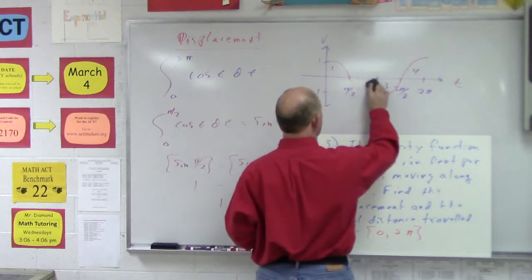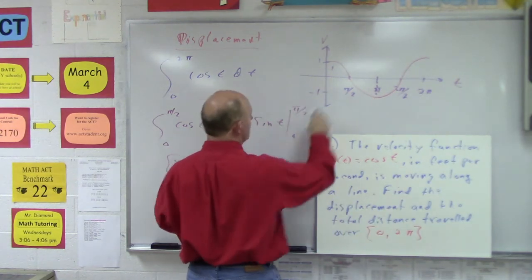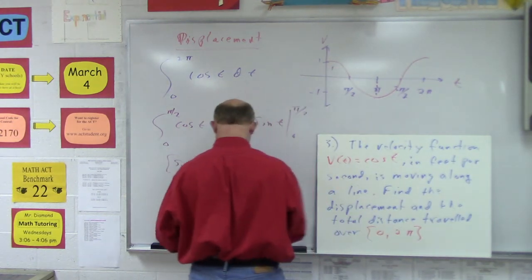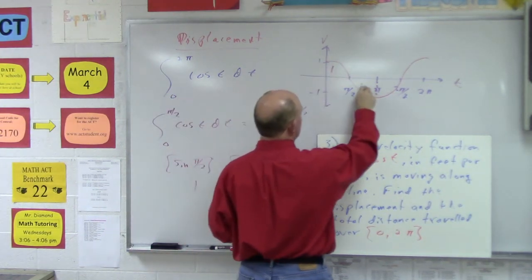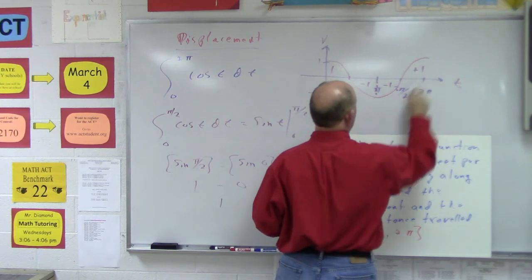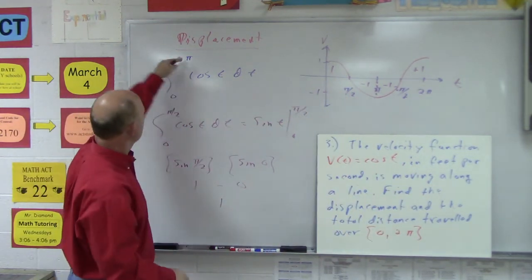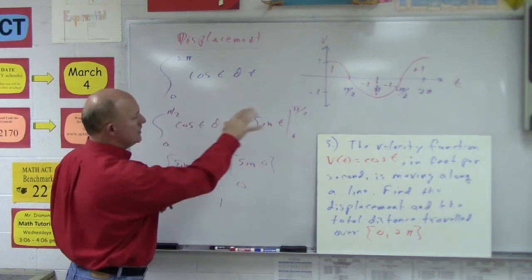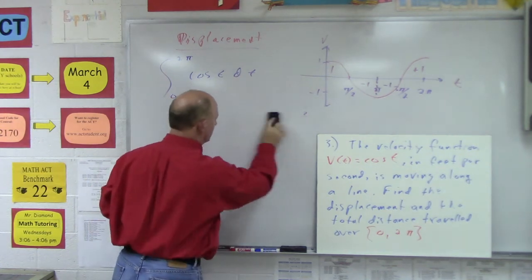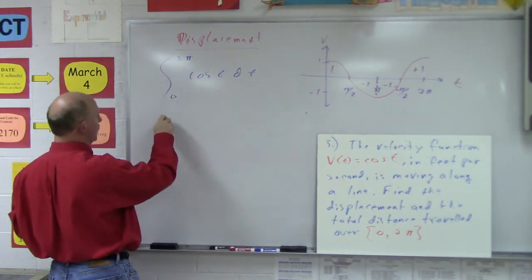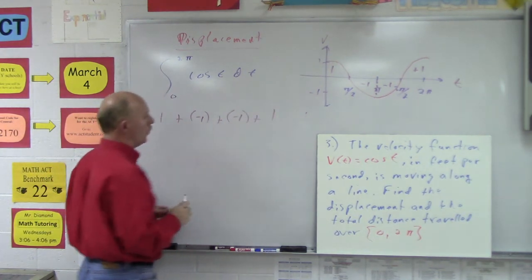So you think about this now. This region would be positive 1, this region here would be positive 1, negative 1, and then positive 1 again. Each of those regions is 1, so the displacement should be 1 plus negative 1 plus negative 1 plus 1.